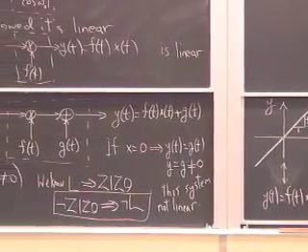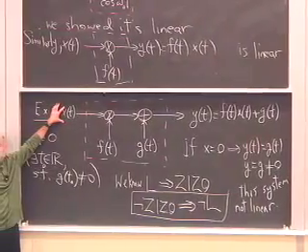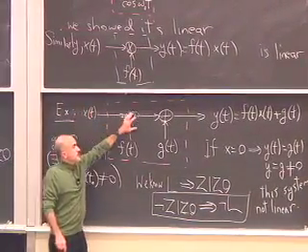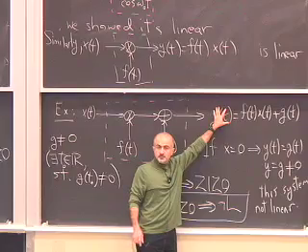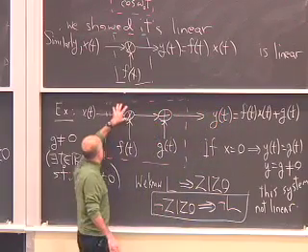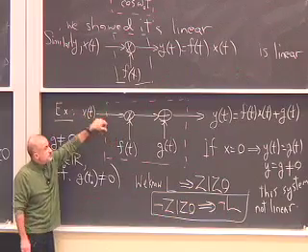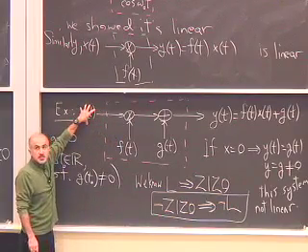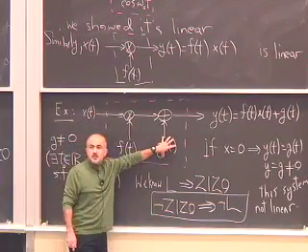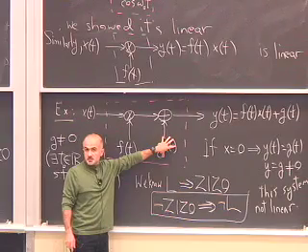There is a way to use superposition to figure out the total response of a system when you have an input and when you have a signal that models some kind of other dynamics that's going on.